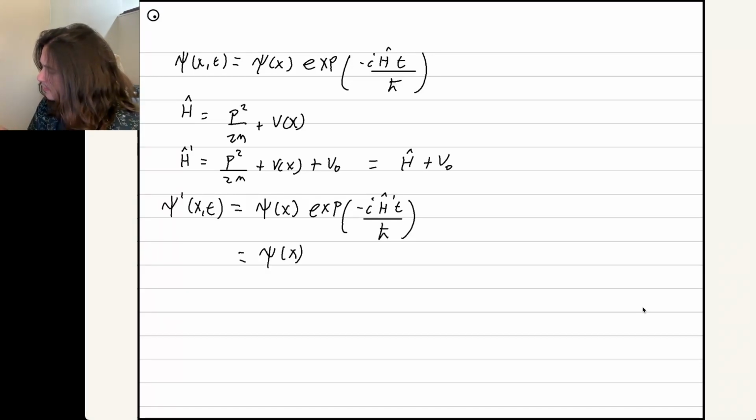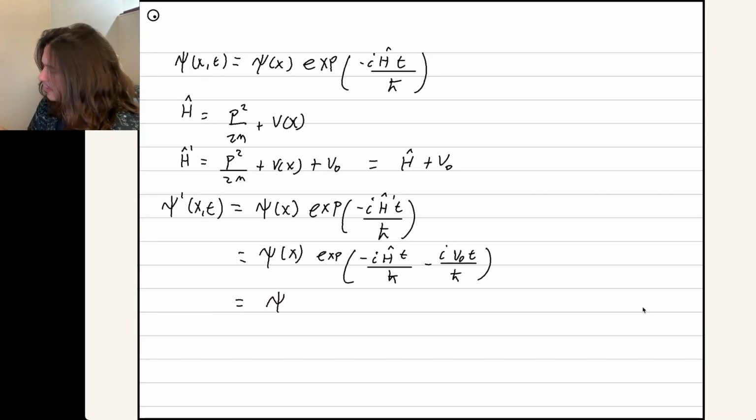So you're doing exp of minus i H t over h bar, plus, or minus actually, just V naught t over h bar.